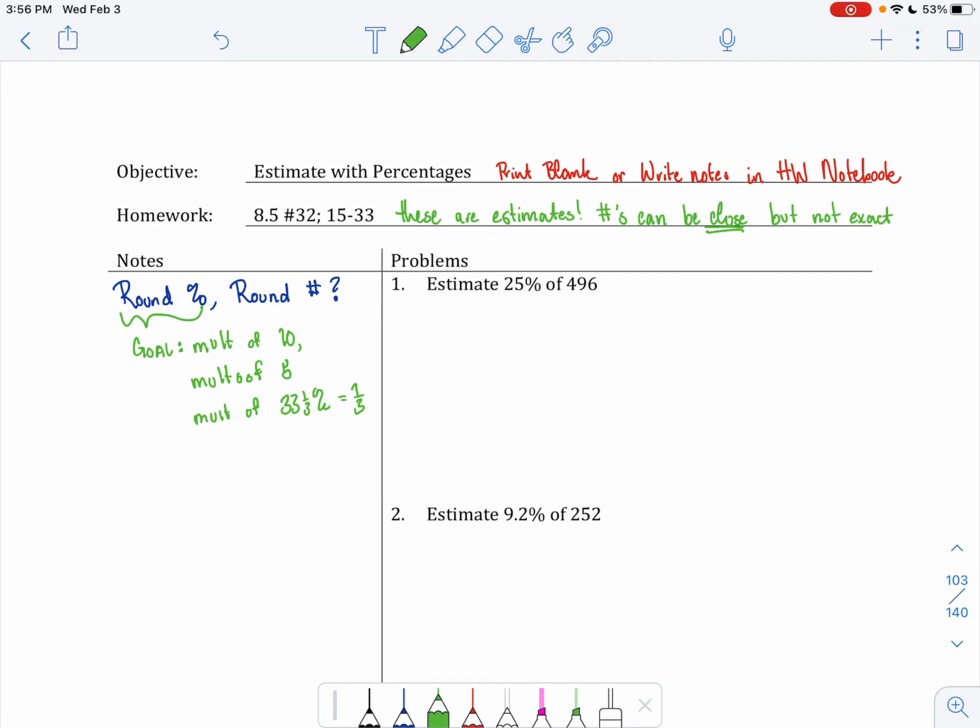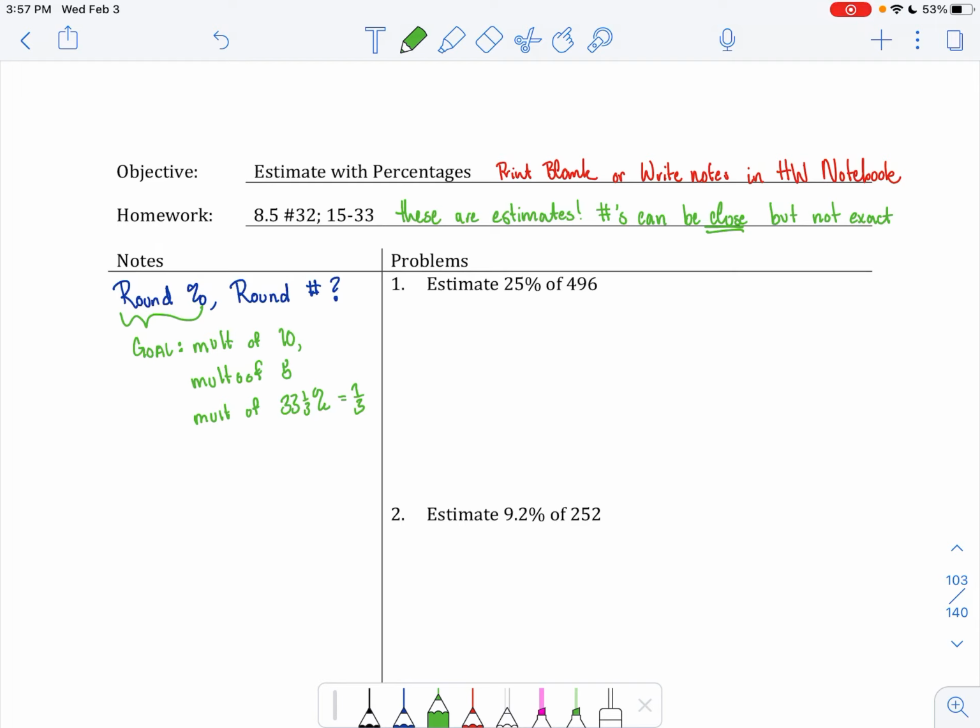Now with numbers, we tend to just want to round these when they're close but not quite there. So if I'm looking at number 1, it says estimate 25% of 496. In this case, I already see a multiple of 5 in my percent, so I'm going to leave my percent alone. It's one of the nice ones that I want to see.